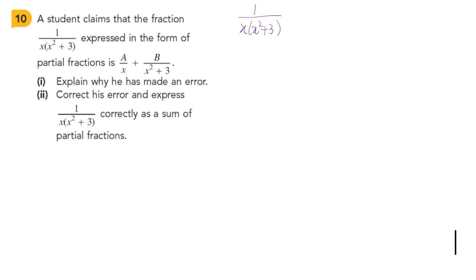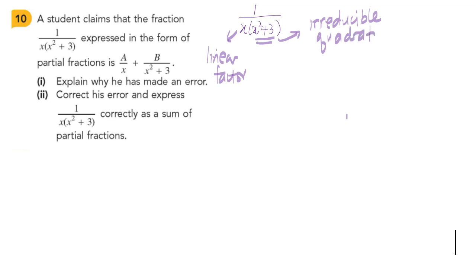If you look at these algebraic fractions, we can clearly see that we have a linear factor here. However, this here is an irreducible quadratic factor. So do you recall, for an irreducible quadratic factor, what should the rule be? Yes, you should use bx plus c, and you should not just use b only. Right, so clearly this student has made a mistake.